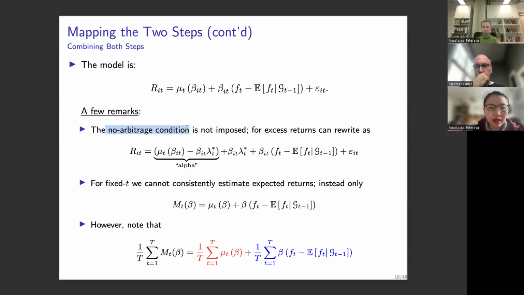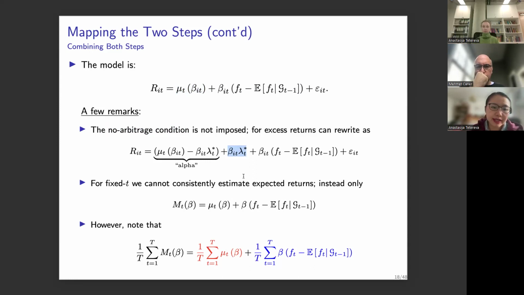This is why we say that our paper can have some implication for testing the non-arbitrage assumption, because testing the structural form of this mu_t(beta), uniform inference on this mu_t(beta), gives us some way to infer how we depart from this linear structure.